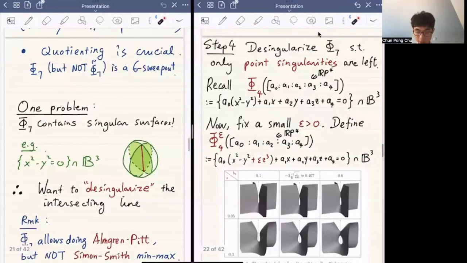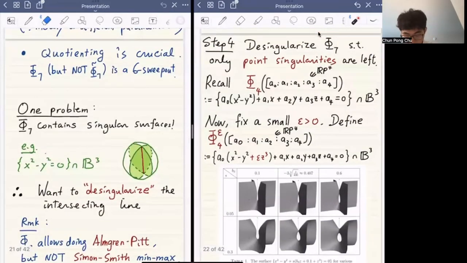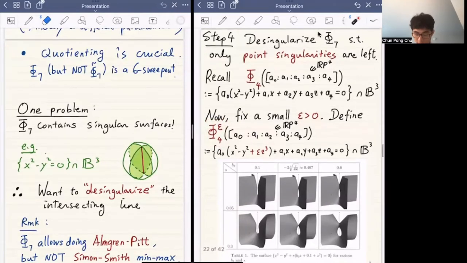So how do we desingularize it? We recall, this is the expression for phi 4. So we first desingularize phi 4 and then we desingularize phi 7. Let us fix a very small positive number, epsilon, and then we define phi 4 epsilon by changing the formula slightly.